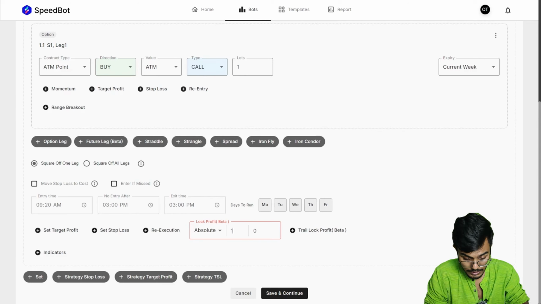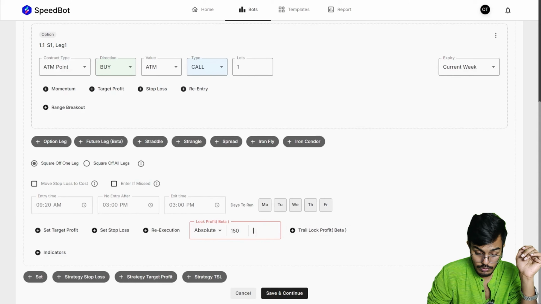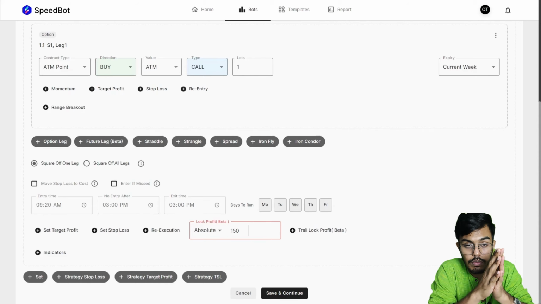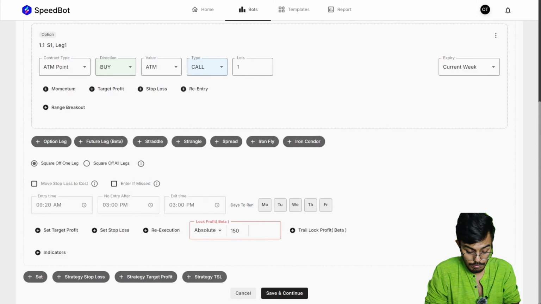That means that for every 150 rupees of profit, once it reaches 150, I would like to log maybe 50 rupees out of it.